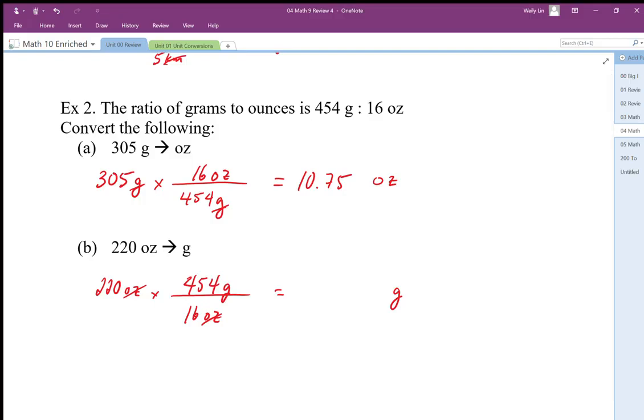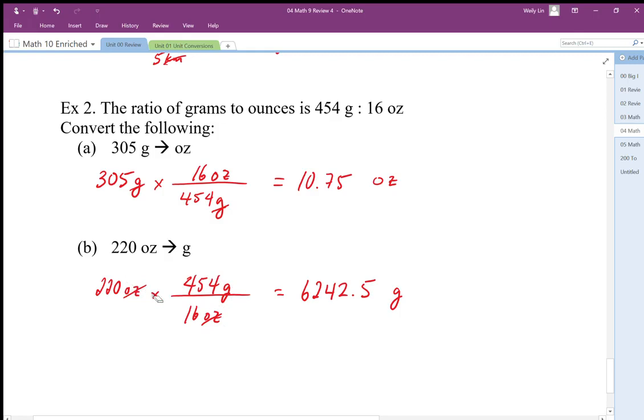So 220 times 454 divided by 16, and I end up with 6,242.5 grams.